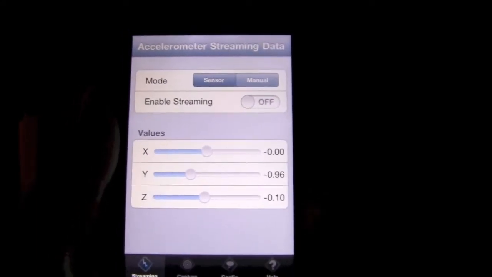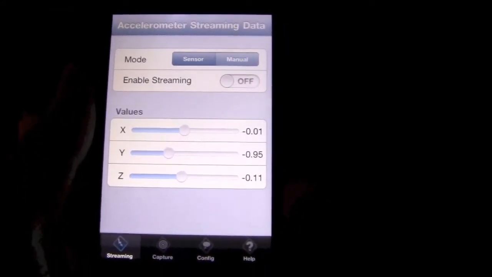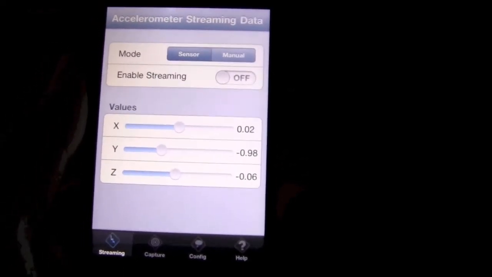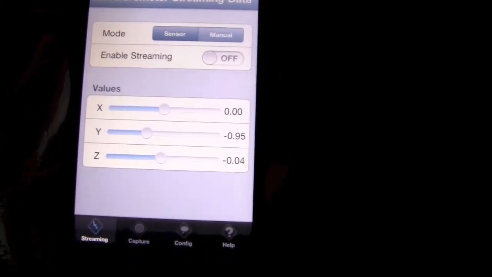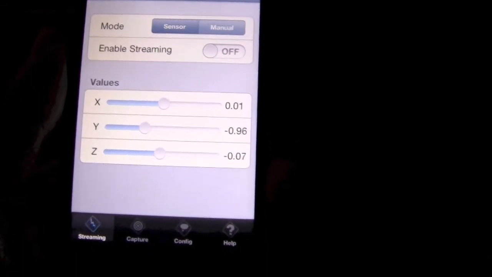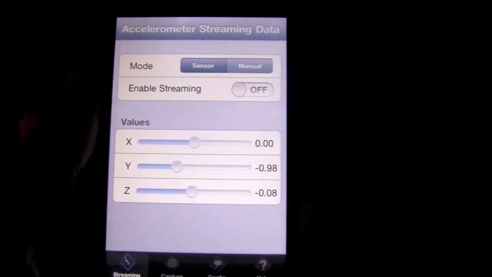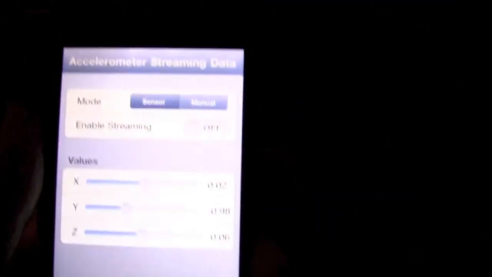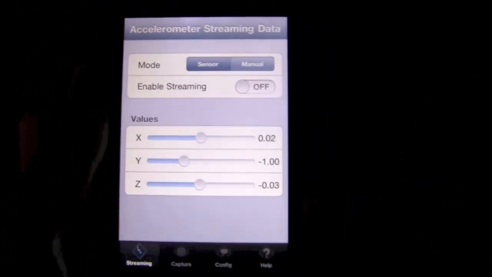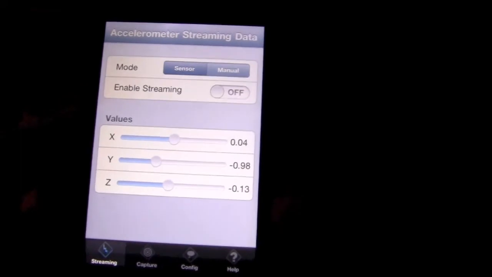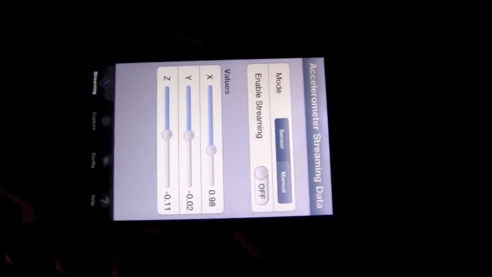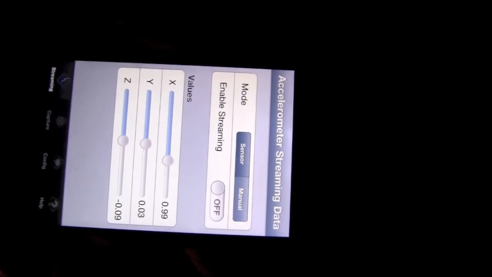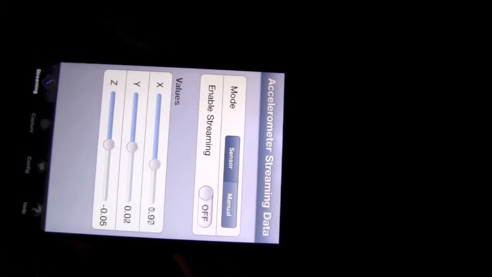That's because the ordinary force of gravity is pushing down on the phone, and the phone is registering -1 g. The units here are in g's, and g is the force of the Earth's gravity. So 2 g's would be if you shove this thing down really fast at an acceleration equal to 2 times the force of gravity. Anyway, if I tilt it this way, you can see right now the y and the z are both at 0, but the x is at 1.